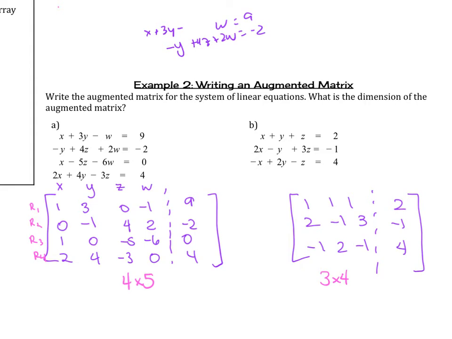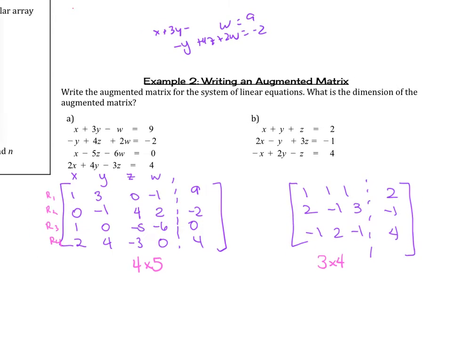It's not necessary, but it is useful if you are having a hard time with this. Looking here, we have 4 rows for the first example, letter A, 1, 2, 3, 4, and then we have 5 columns, 1, 2, 3, 4, 5. So it's a 4 by 5. That one was pretty fast, there are no missing terms. So we have 3 rows by 4 columns.